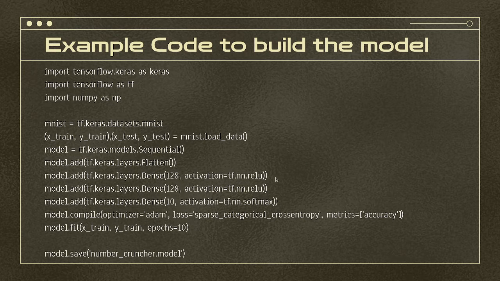Then we're going to have two hidden layers that are going to be 128 nodes slash neurons each, and they are going to use a ReLU activation function. And our output is going to have 10 categories, 0 through 9, since these are going to be digits. And this output layer is going to go ahead and use a softmax function.